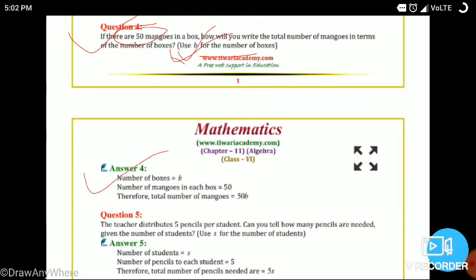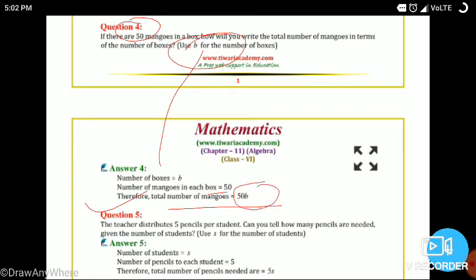So here we can write number of boxes equal to b. And number of mangoes in each box is equal to how much? So 50, right? So here we write, therefore, the total number of mangoes is equal to 50b. Okay, 50 multiply b. Understood?